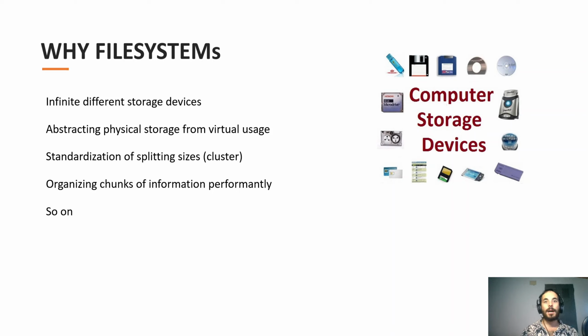Another reason is that you have to abstract the way you store information in your program from the physical storage. What does that mean? That your program is not going to know in which specific part of the disk it is going to write its information. It's going to say to the operating system, okay, I want to write this file here, in this virtual structure.